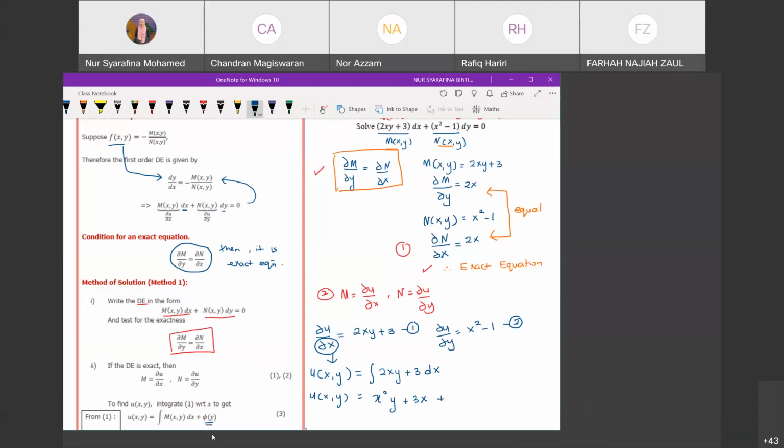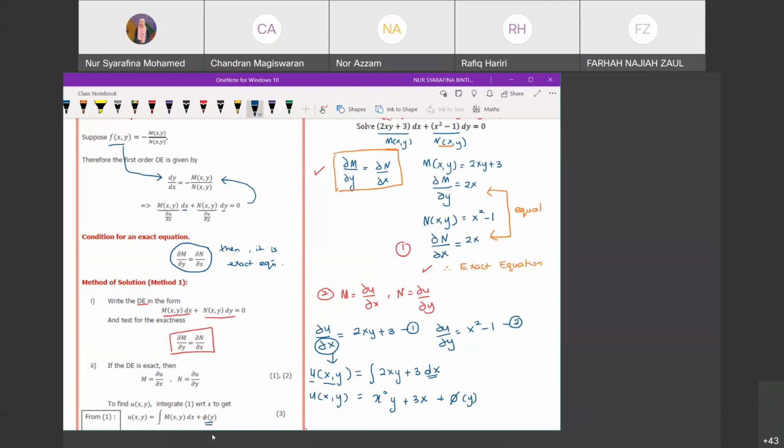Why psi y? Why not psi x? Because here we integrate with respect to x, and remember your u is in terms of x and y, so we assume that we have another constant with the y variable. It doesn't matter, it can be either a constant or a function, but we just put that as a variable.